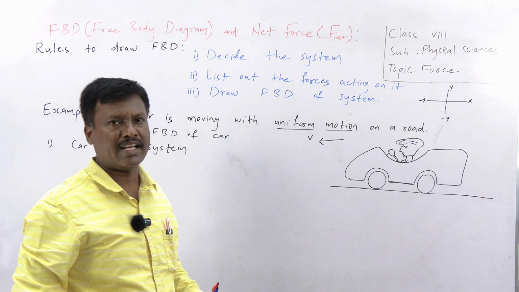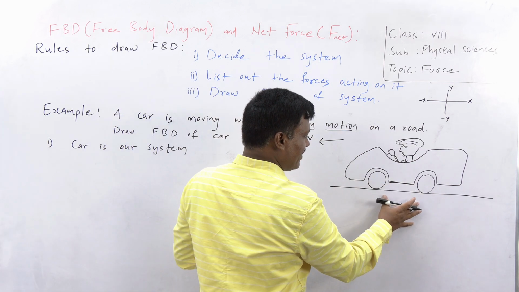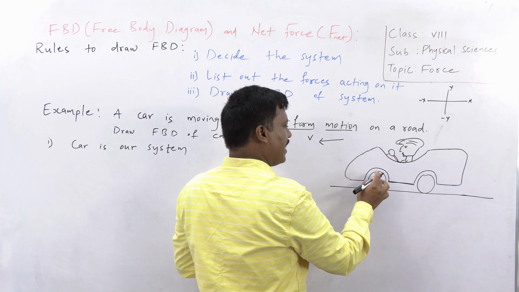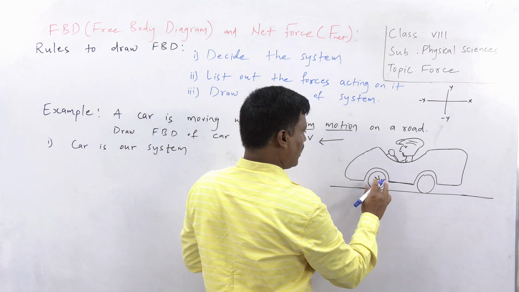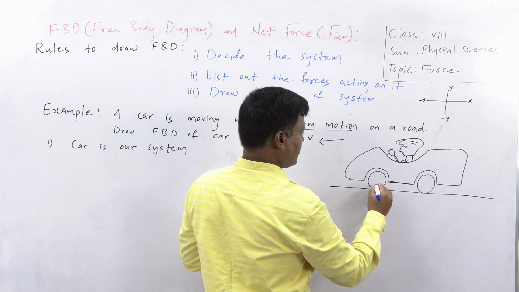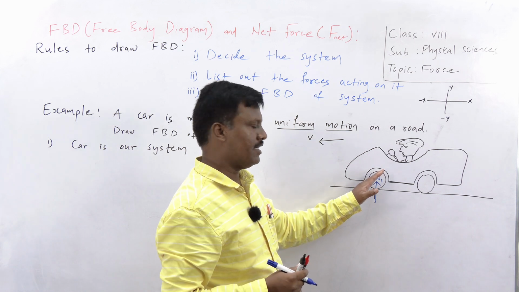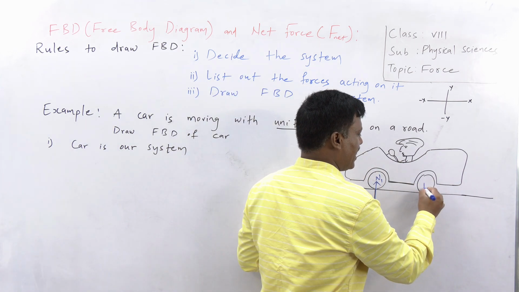How many forces are acting? See, as these tires are in contact with the surface, here normal force by the road on the tire in upward direction, let's say that is N1. Okay, I will show all the forces. Here also this tire also in contact with the road.